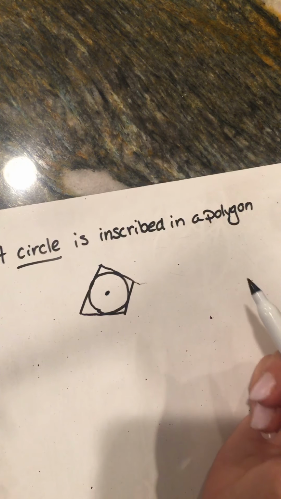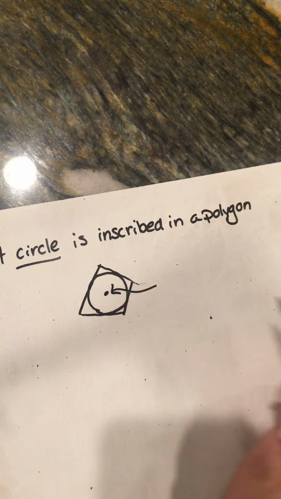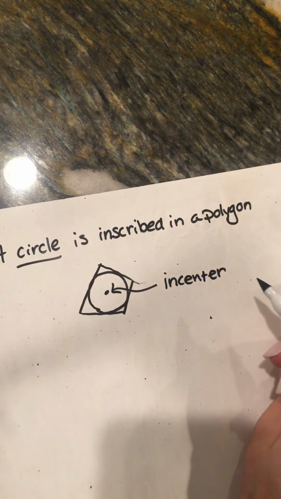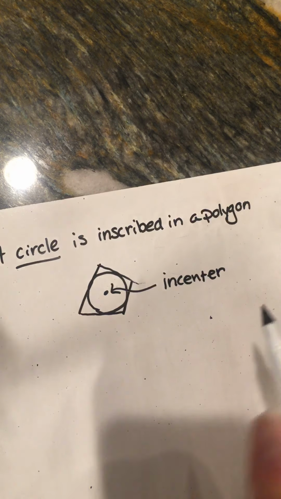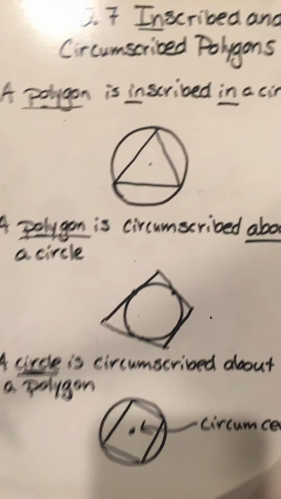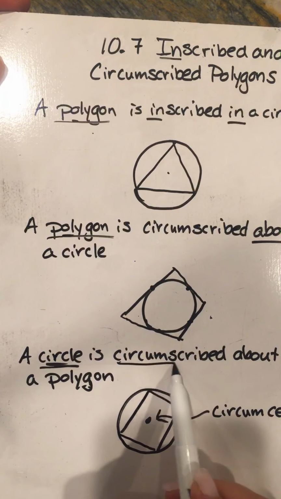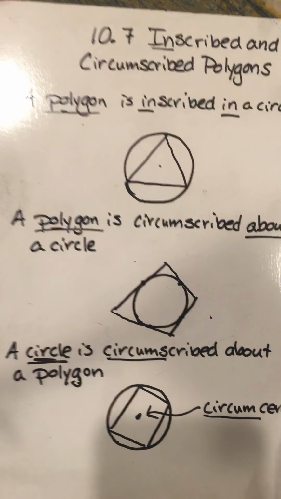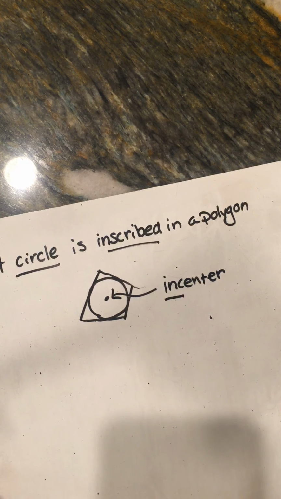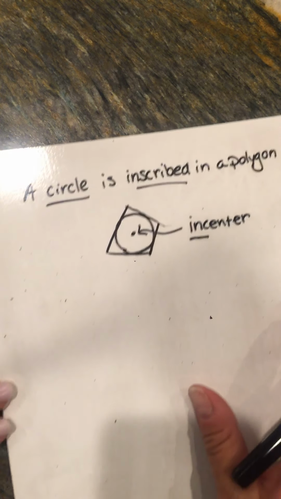The center of this circle is called the incenter. Funny that. If the circle is circumscribed, it has a circumcenter. If the circle is inscribed, then it has an incenter. Funny, huh?